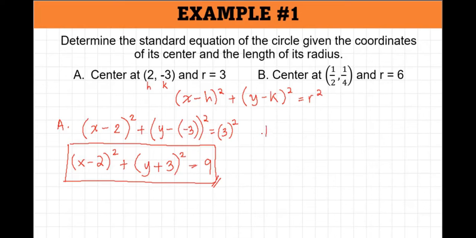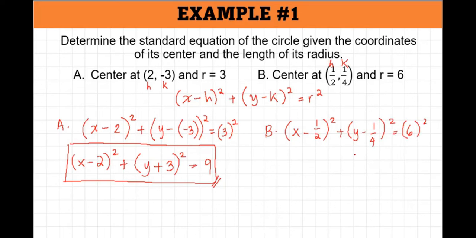Now, for letter B, sabi kay letter B, the center is at 1/2, 1/4. So, same thing lang din, substitute the value of H and K to the equation that you have. So, it will become x minus 1/2 squared plus y minus 1/4 squared is equal to 6 quantity squared.